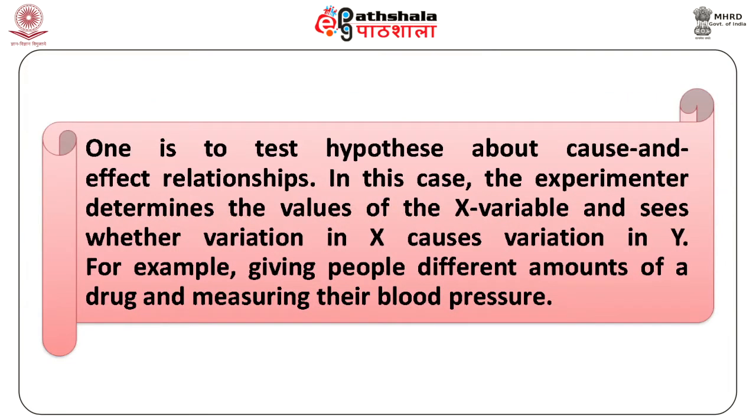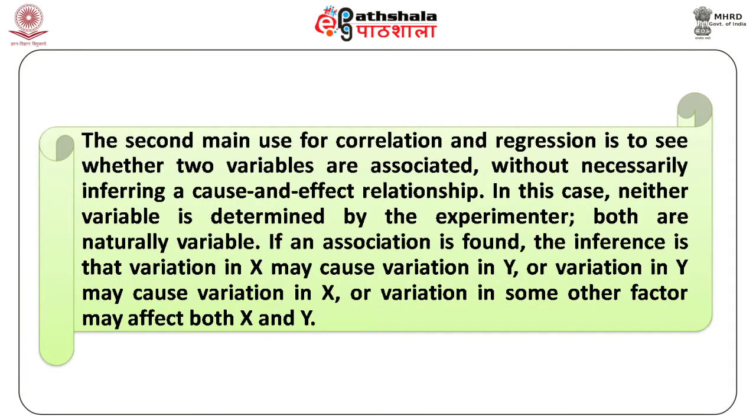One use is to test hypotheses about cause and effect relationships. In this case, the experimenter determines the values of the x variable and sees whether variation in x causes variation in y. For example, giving people different amounts of a drug and measuring their blood pressure. The second main use for correlation and regression is to see whether two variables are associated without necessarily inferring a cause and effect relationship.